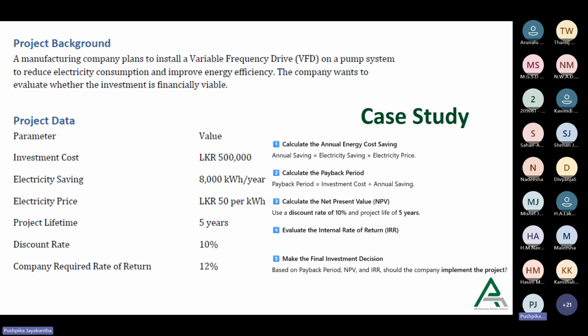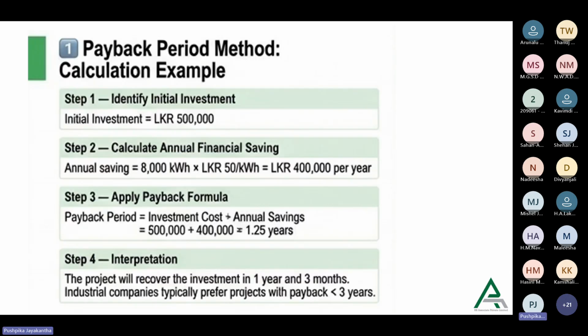Okay, we get more correct feedback. So your answers are correct. It's 1 year and 3 months. So initially you have to identify this annual financial saving, and then by using that you can get this payback period 1.25.